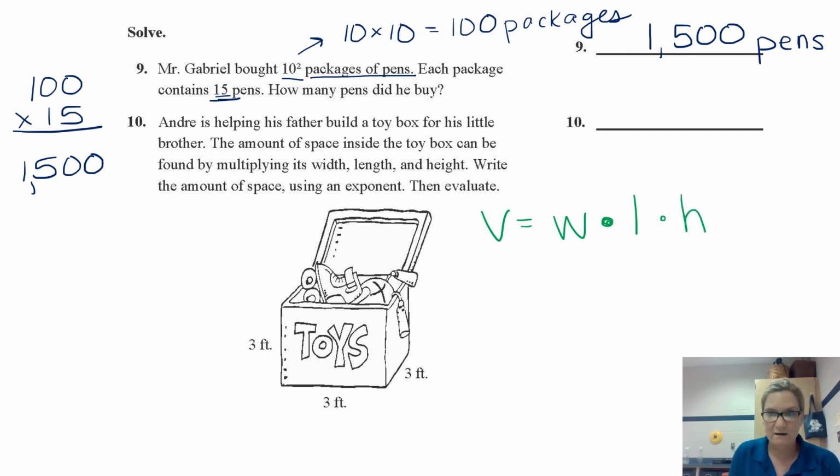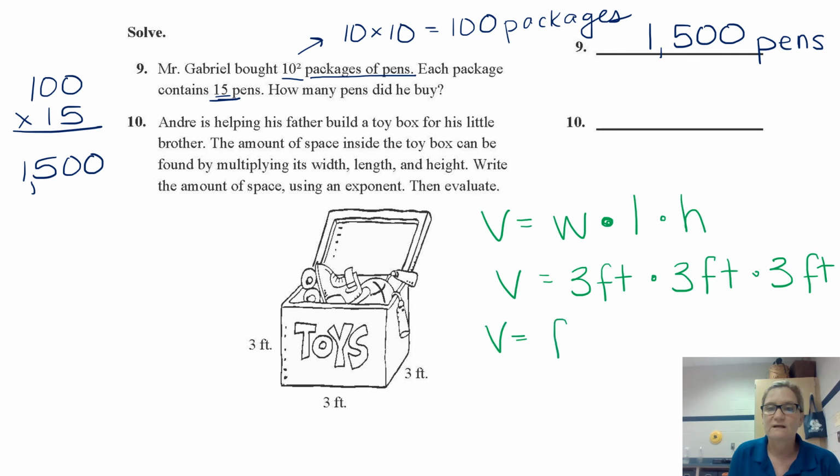Now this is a cube, and as we know, all the sides are the same length. So the volume is going to equal 3 feet times 3 feet times 3 feet. So the volume is going to equal 3 feet cubed. Okay, so the volume is going to equal 3 times 3 is 9, and 9 times 3 is 27 feet cubed.